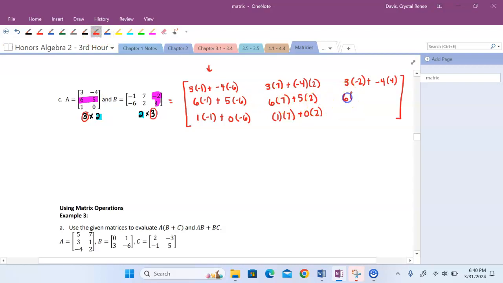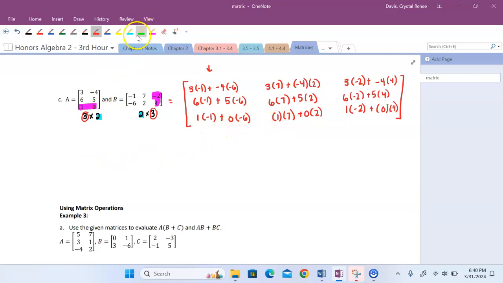So it's 6 times -2 plus 5 times 4. And last but not least, I go to my final row of my first matrix. So my 1 and my 0. So I have 1 times -2 plus 0 times 4.